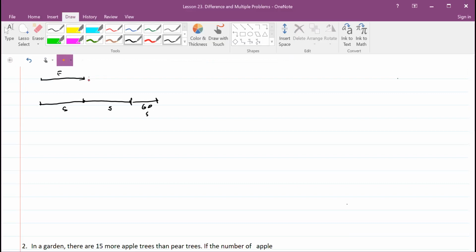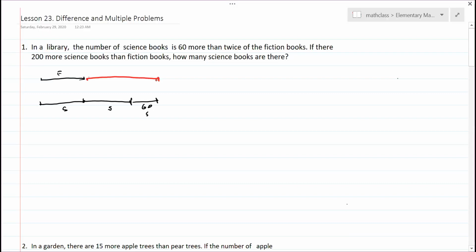From here to here is the difference. You match them up, so that's going to be 60 more. So here, 200. In other words, if we add 200 books to fiction books, they match.